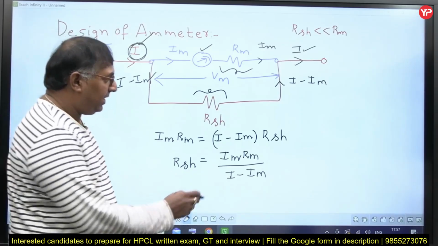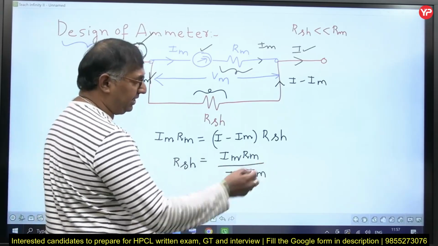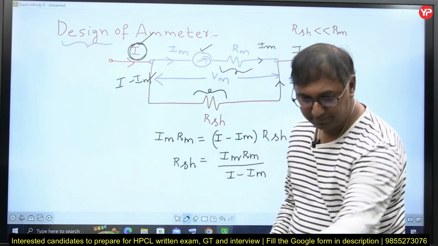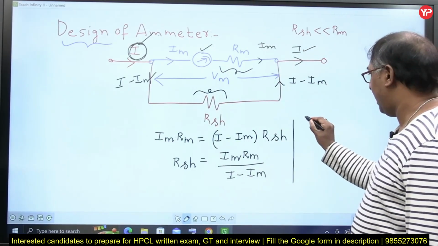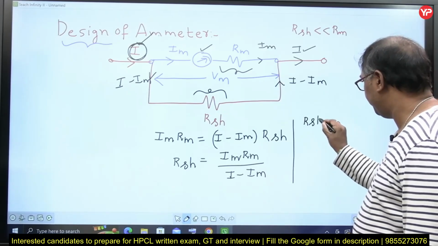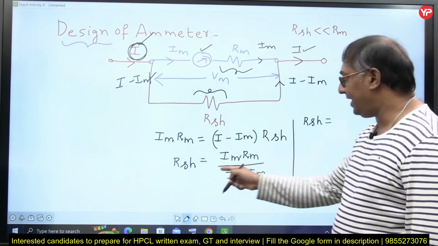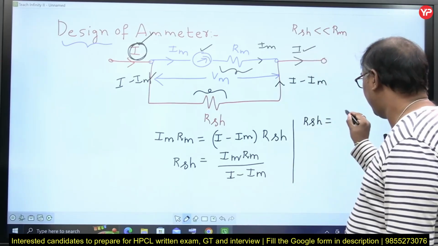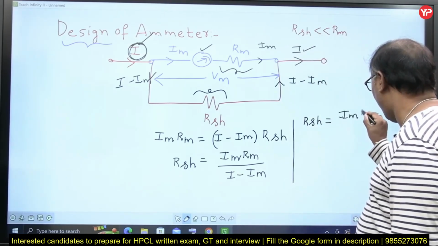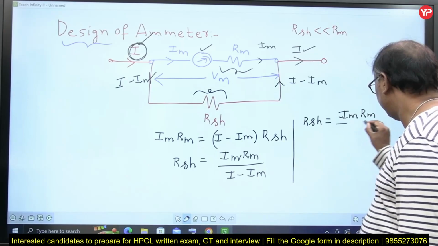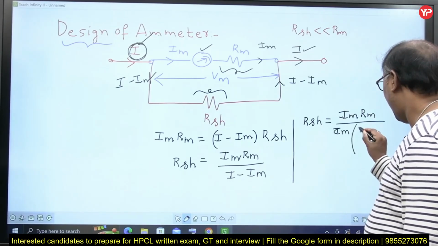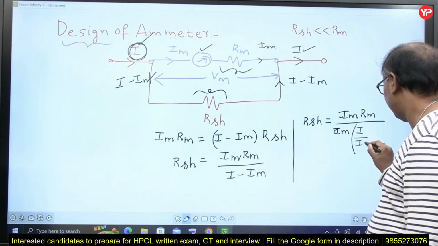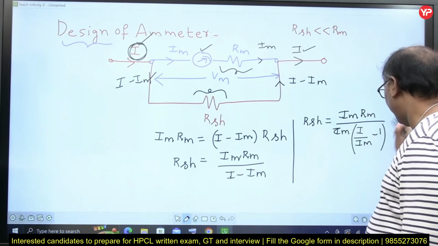Take IM as common: RSH equals IM into RM by IM times (I by IM minus 1).